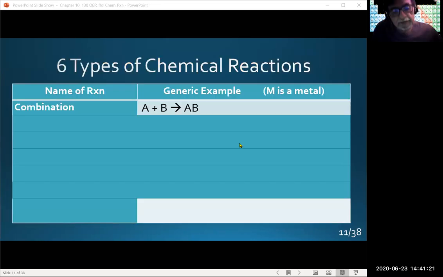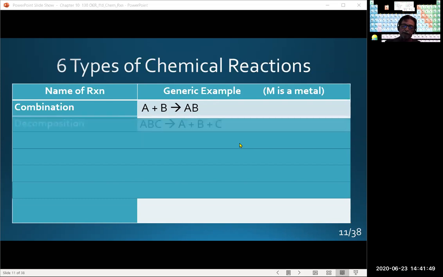So let's talk about the 6 types of reactions. There's a type called combination, and just by the word itself, it's what it does. It combines. A general example is A plus B coming together to create AB, whatever AB is.